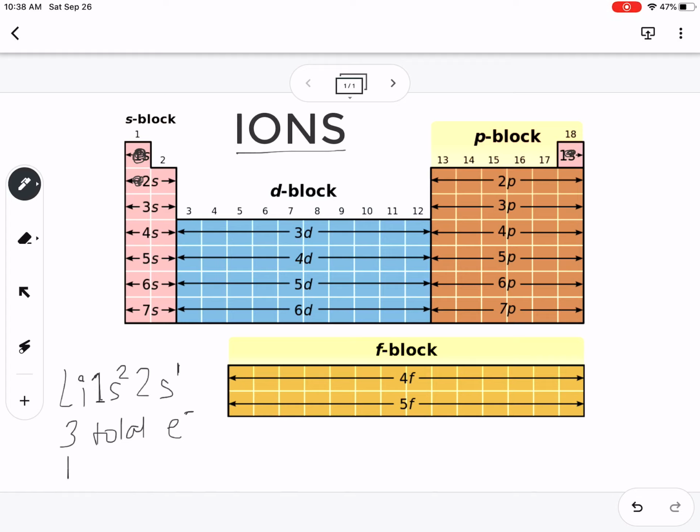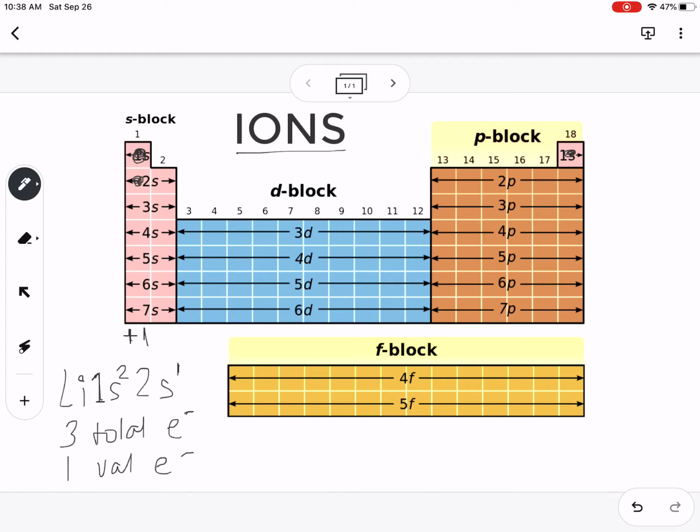And I also know it only has 1 valence electron because it only has 1 electron in the 2s. That's important information because it helps me realize that's why group 1 is a +1, because it wants to lose that 1 extra electron so that it can be like a noble gas.